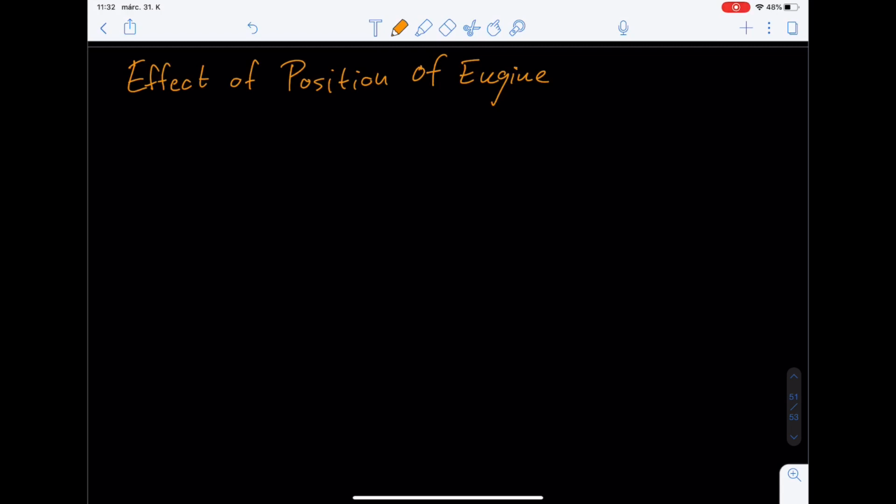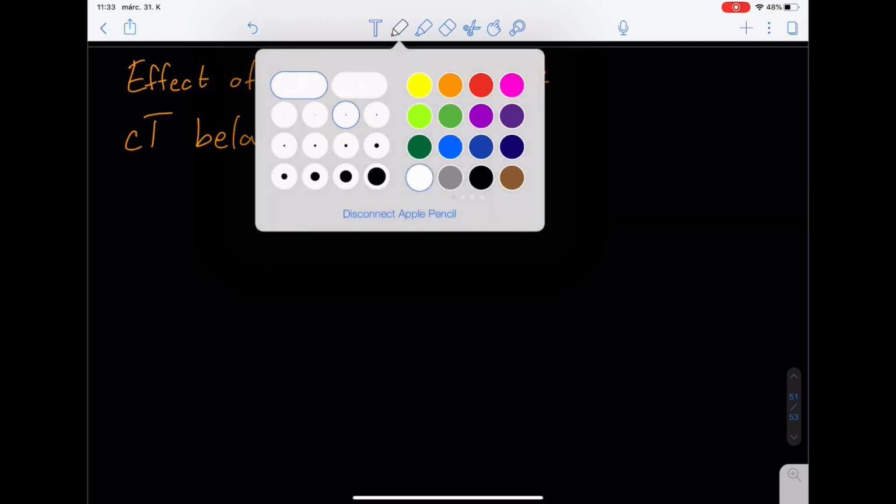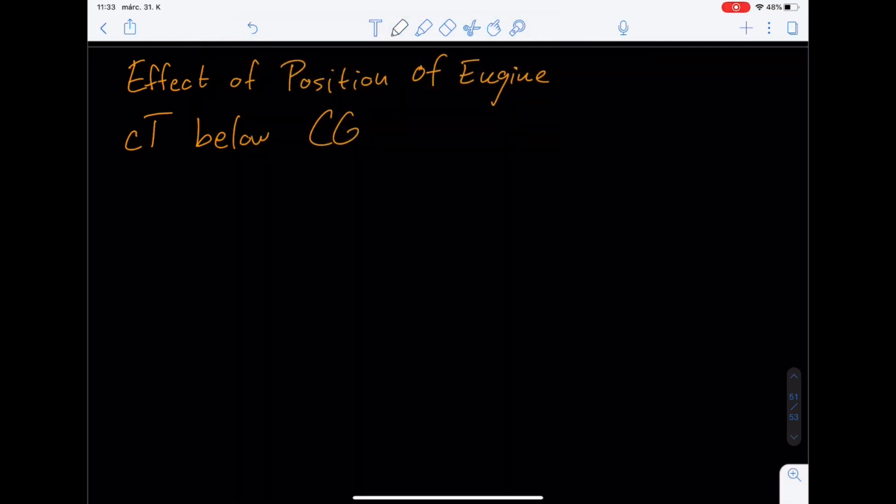So the first one is when the center of thrust is below center of gravity. And this is the general case, and this is why we looked at that scenario, because in modern day commercial transport airplanes, and especially with the one you guys will be flying, the A320, this is the case, right?